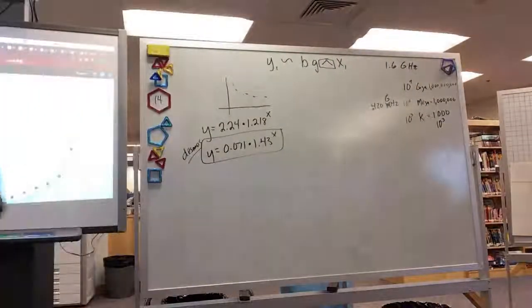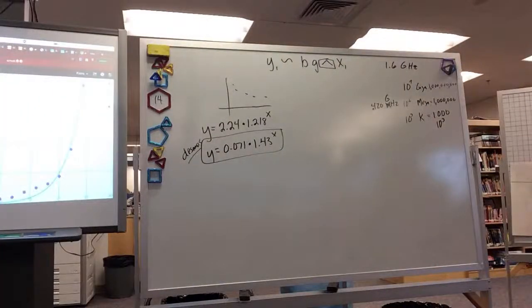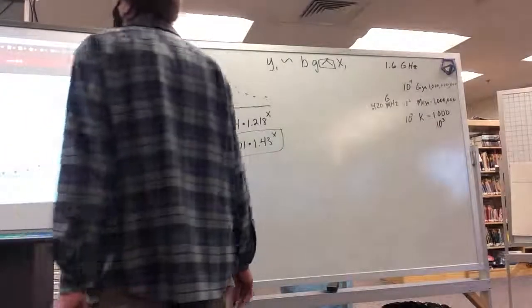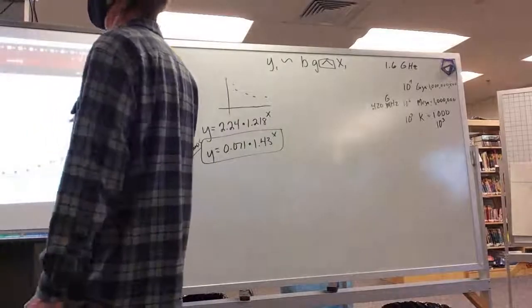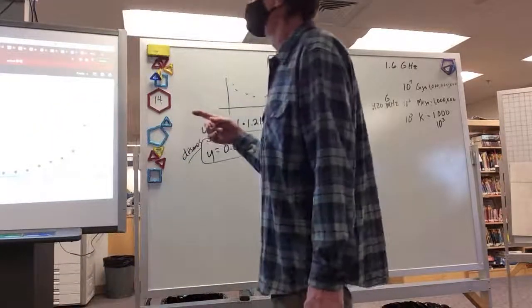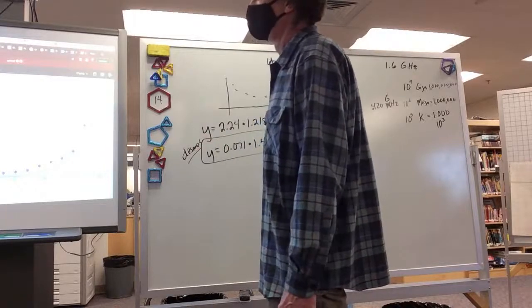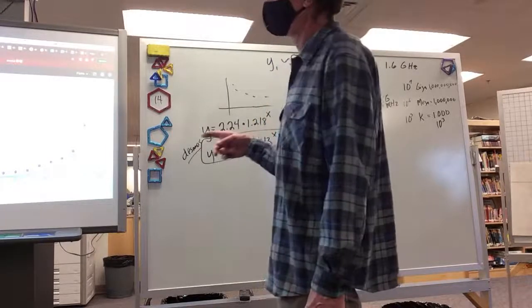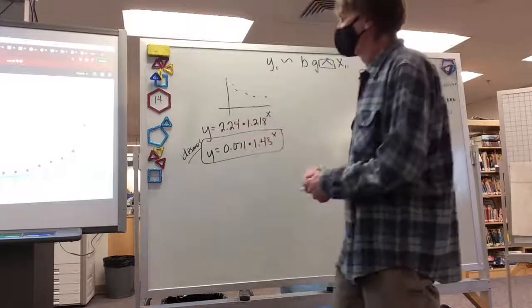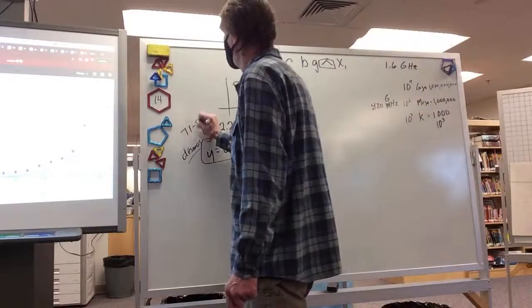I'm puzzled why this is so much different. It must have a different algorithm. But either way, let's ride with it. Let's do something with Desmos, and let's do something with the TI-84.